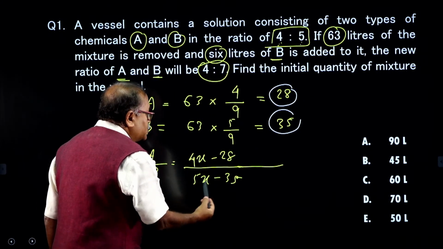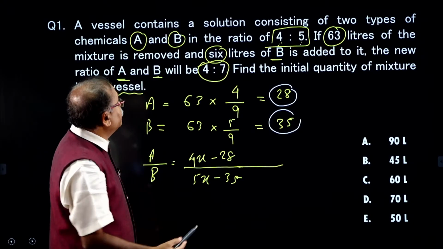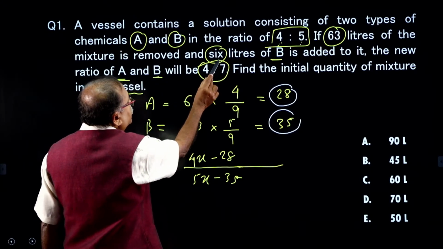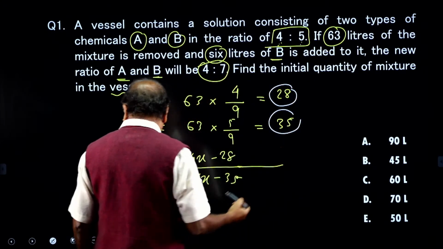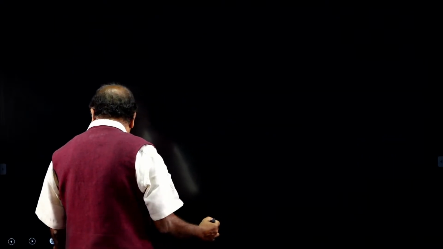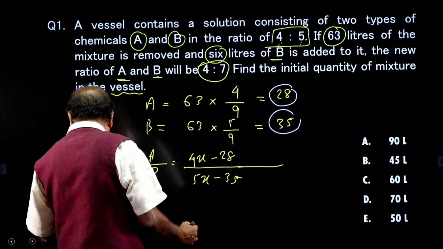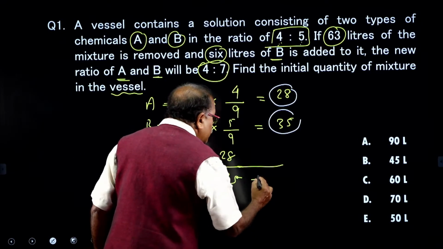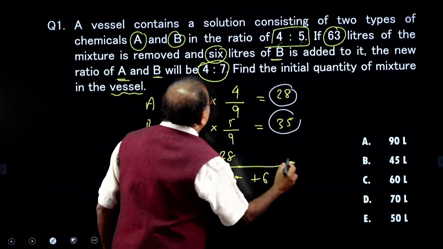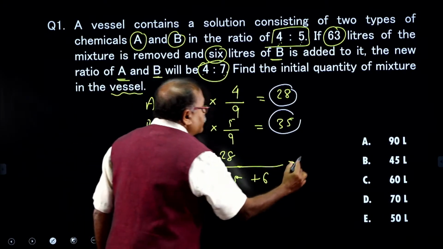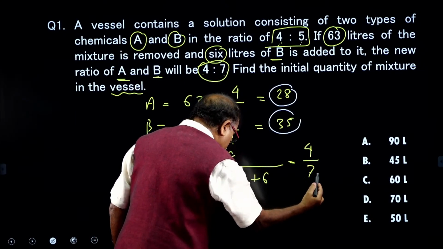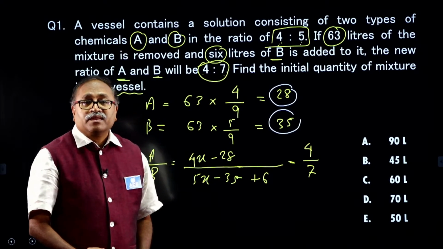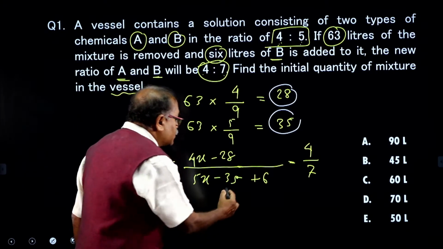So, 4x minus 28, 5x minus 35, and one more thing is added here, the 6 liter of B is added. So, you simply have to add another 6 liter over here, and the given ratio is 4:7. Can't we answer this question? Yes, we will be able to answer this question here.